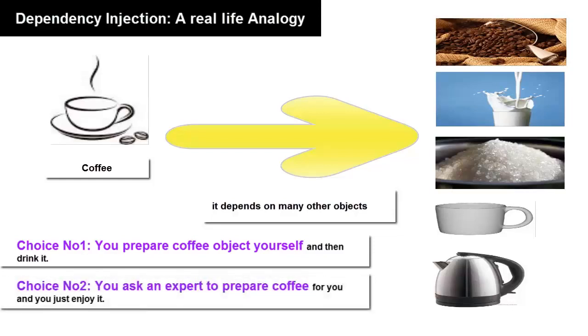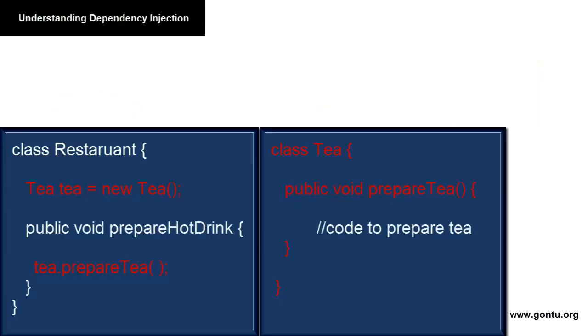Or you just order someone who is an expert at preparing coffee. You will get the end product, that is a cup of coffee, without worrying about any of its dependencies. The coffee expert will first gather all its dependencies and then inject them into the coffee object before giving it to you. So it's like you want to have coffee, why bother about its dependencies? Same concept applies in coding also.